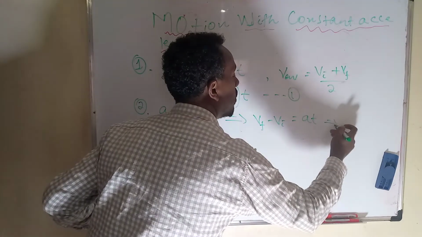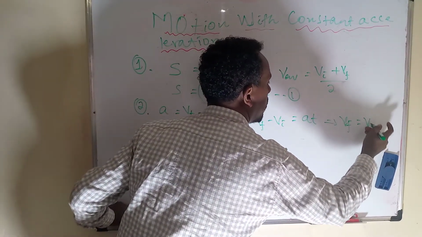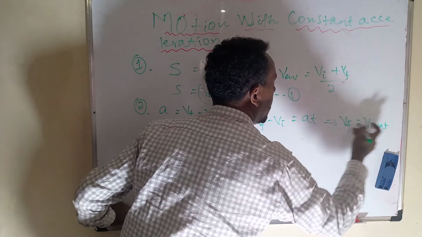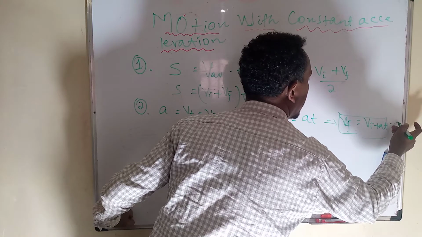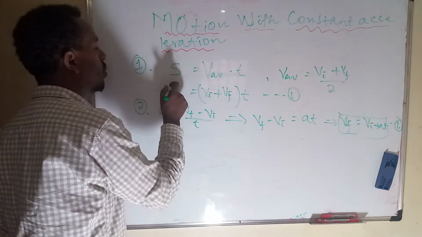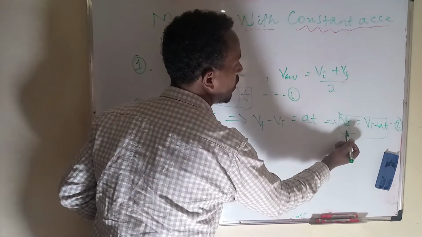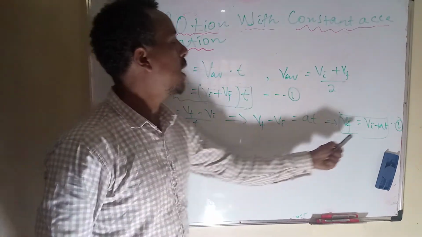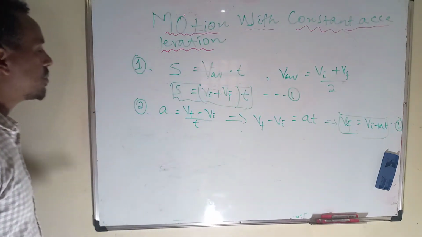So V final is equal to V initial plus acceleration times time. This is the second fundamental equation: final velocity is equal to initial velocity plus acceleration times time.